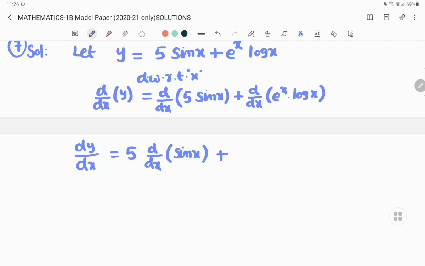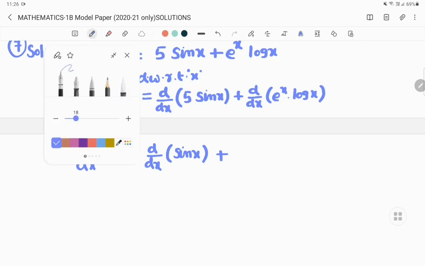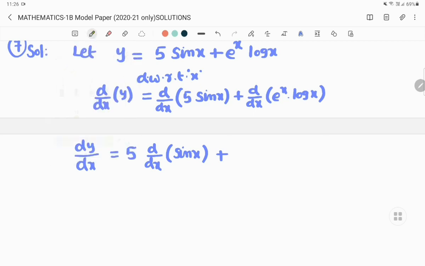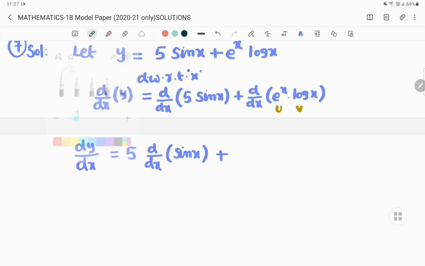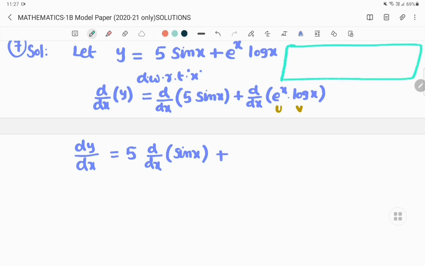Plus here d by dx of, this is u, this is v. uv formula I am going to apply here. d by dx of u into v is u into dv by dx plus v into du by dx.